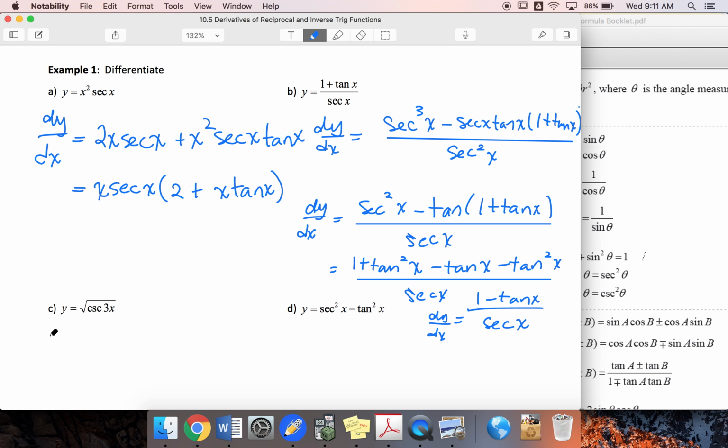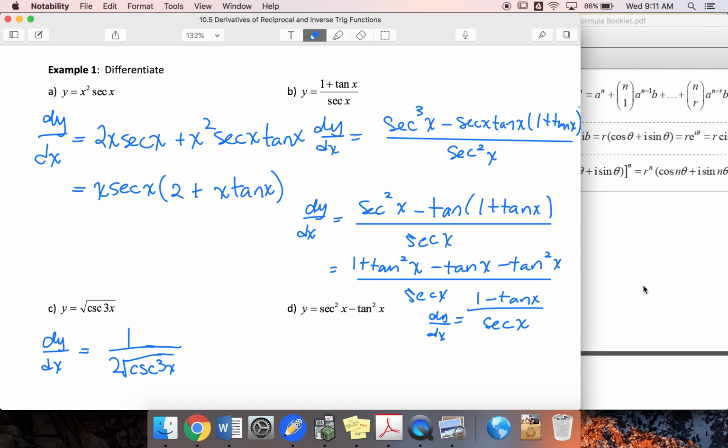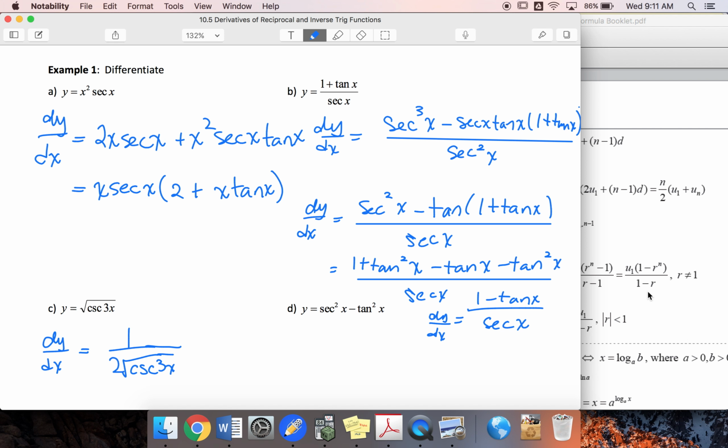All right. We've got some chain rule here. So dy dx is going to be 1 over 2 root cosecant 3x times derivative of the inside. Again, that's chain rule. So derivative of cosecant, now I need to go back down here.